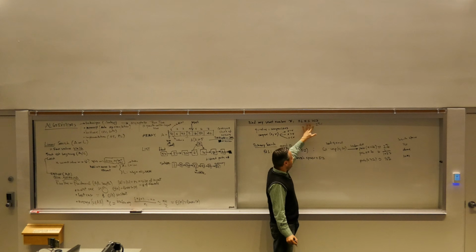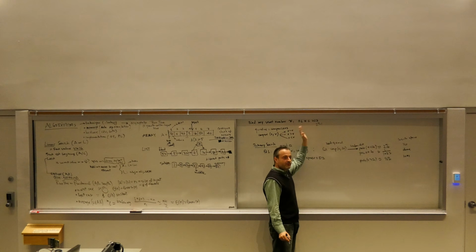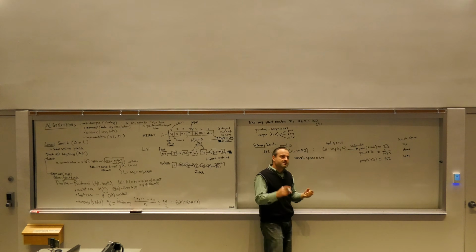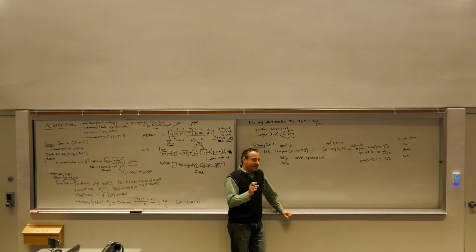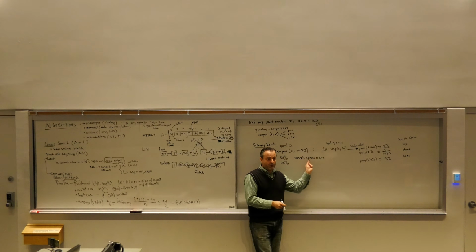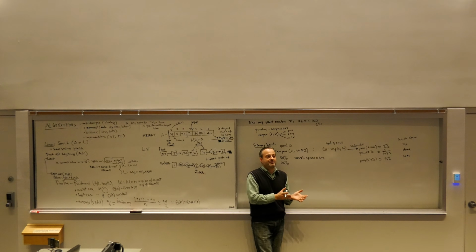The remaining ones are 1,023, 511 on one side, 512 on the other side. In algorithms, we don't care about these picky little details. You have to care about those when you implement an algorithm. When you actually put it in Python or Java, you have to be very careful with those cases. In terms of the running time, obviously, it doesn't matter if it's a 511 or 512 search space. The number of steps I'm going to take is roughly the same. Right.